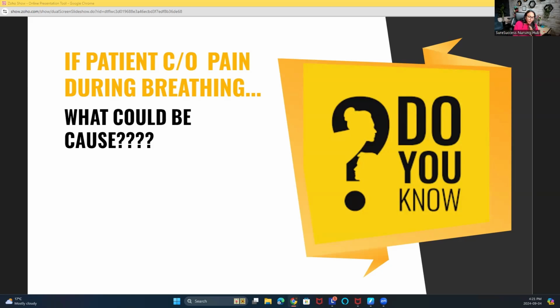So students, pain happens because of something. You usually don't feel any pain, because you don't have pain receptors in the alveoli. That is why you won't have pain in pneumonia or cancer. What happens is the outer layer of the lungs. Do you know what the outer layer of the lung is known as?